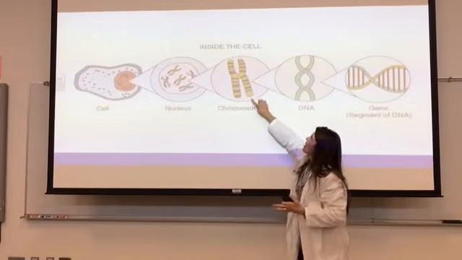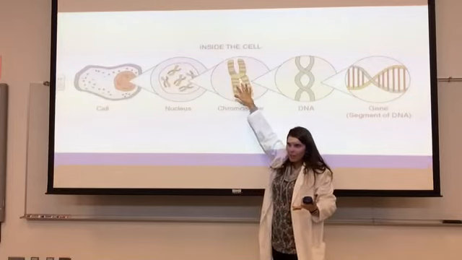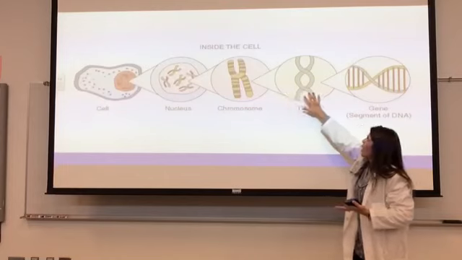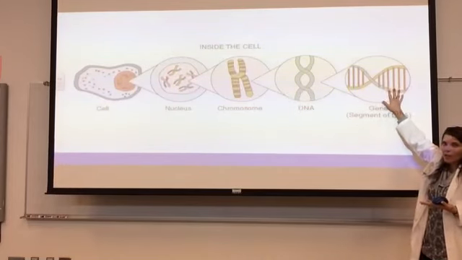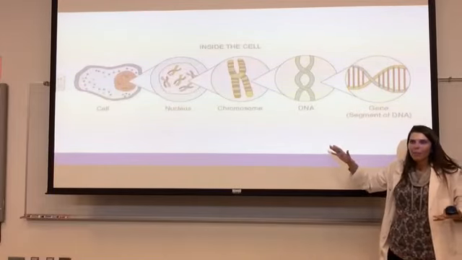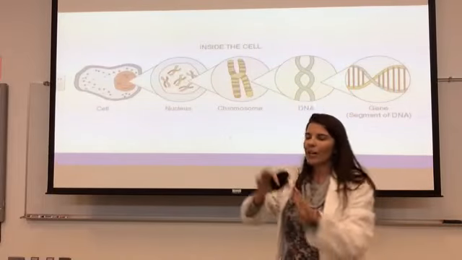Okay, centromere. So then you have your chromosome, and these dark lines represent genes. Your chromosomes with your genes are wrapped up, that's your DNA, and small segments of DNA are called genes. It's all the same thing. People just get tripped up. They're like, oh wait, that's a gene. Oh wait, no, it's your chromosome.